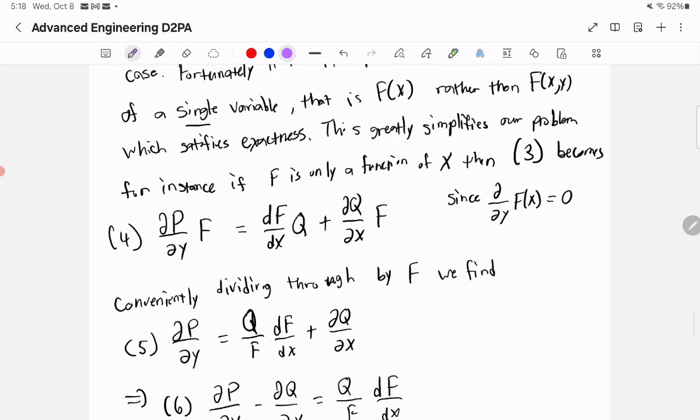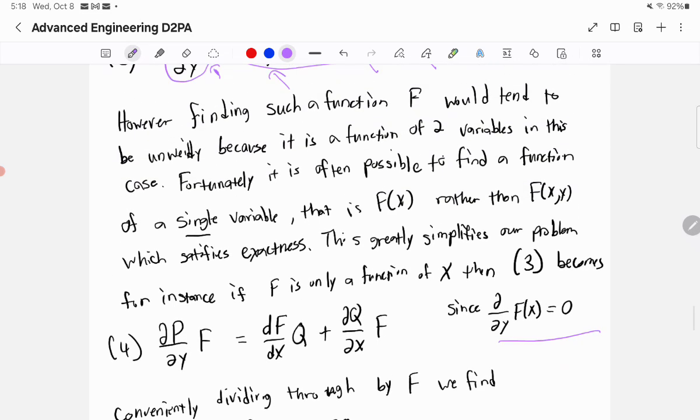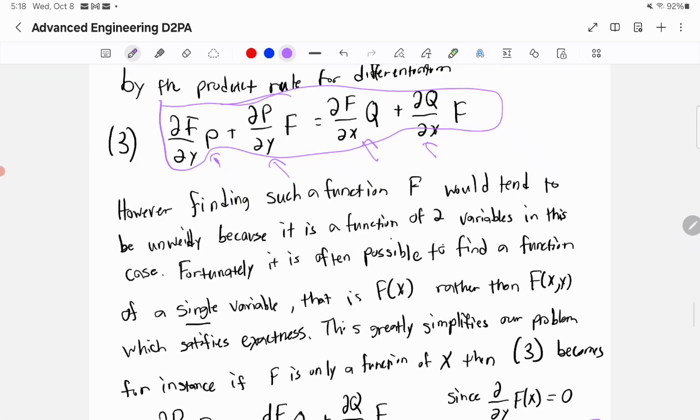So if I assume that it's just a function of x, we can also do just a function of y, by the way, and the process ends up working out exactly the same. It just depends on which terms end up staying in, the partial derivatives with respect to y, or the partial derivative with respect to x, right?